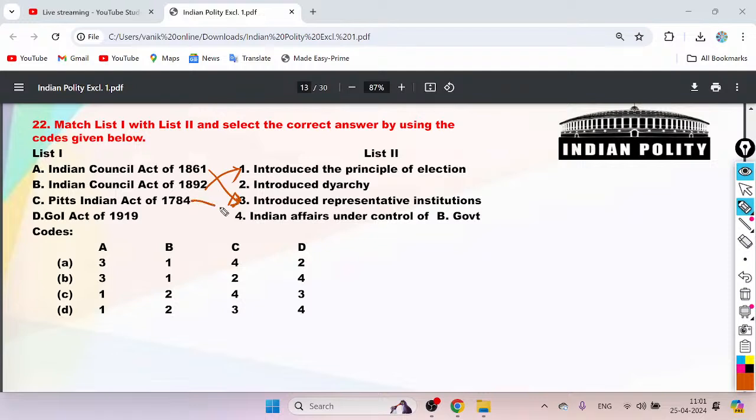And 1784, Indian affairs under the control of the British government, that is the Board of Control, which kept Indian matters under its supervision. And finally, 1919 introduced dyarchy. So it will be 3, 1, 2, 4, B.